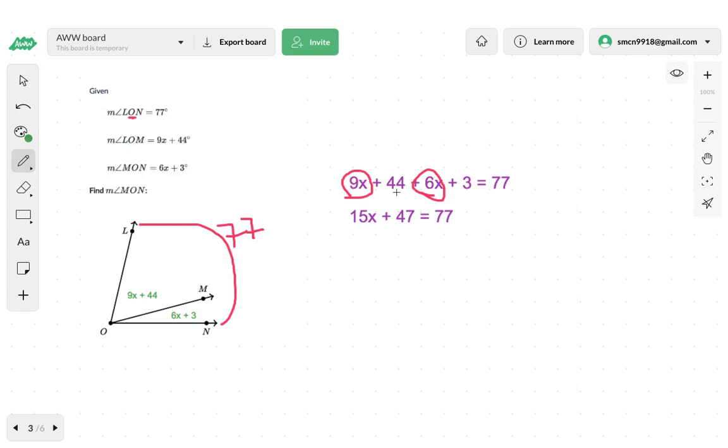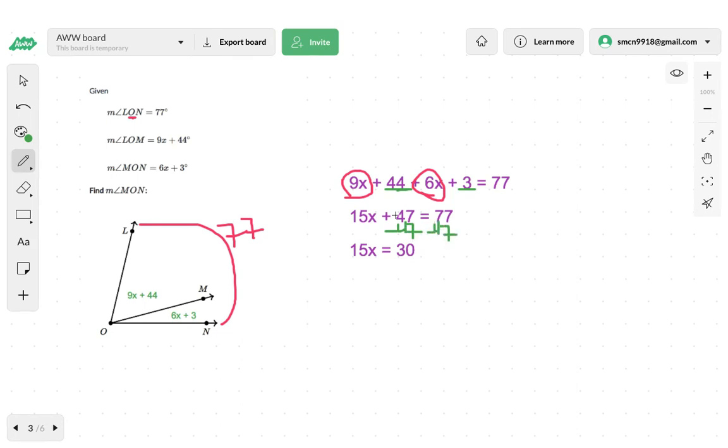Now we're going to continue to simplify. I'm going to subtract 47 on both sides, and I'm going to be left with 15x equals 30.